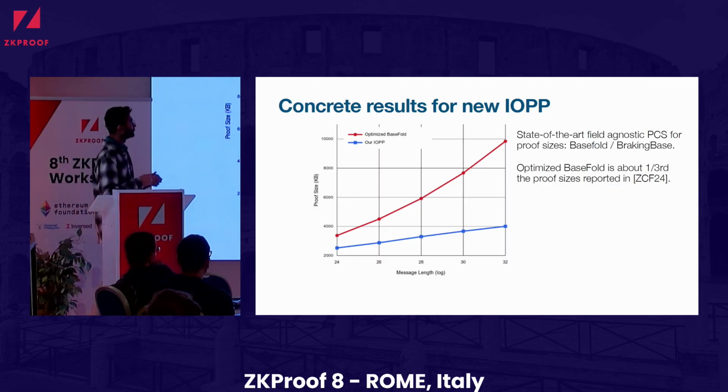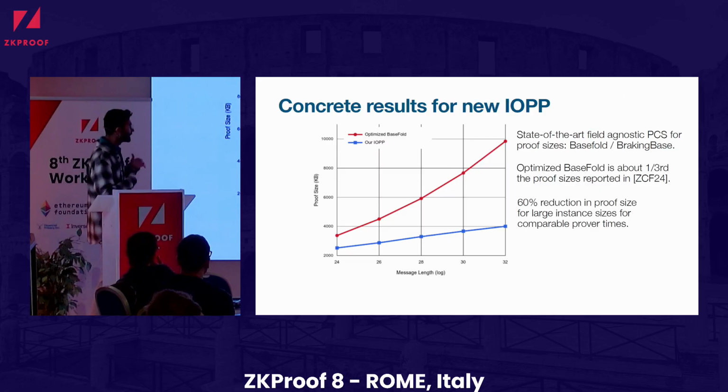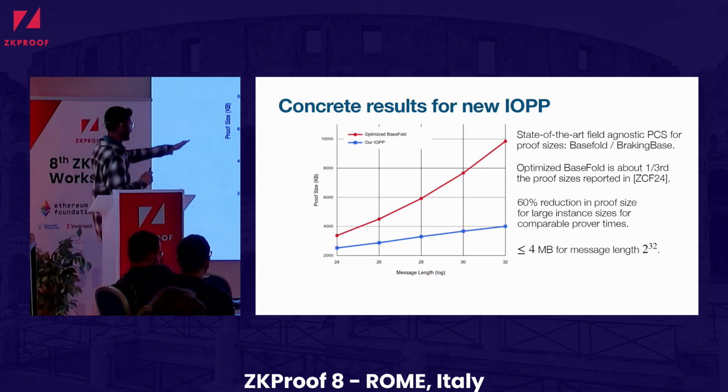But even if you apply those optimizations to Basefold, we're still able to get approximately a 60% reduction in proof sizes for large instance sizes for comparable prover times. And in particular, you can see that our proof sizes are at most 4 megabytes for message length 2 to the 32.